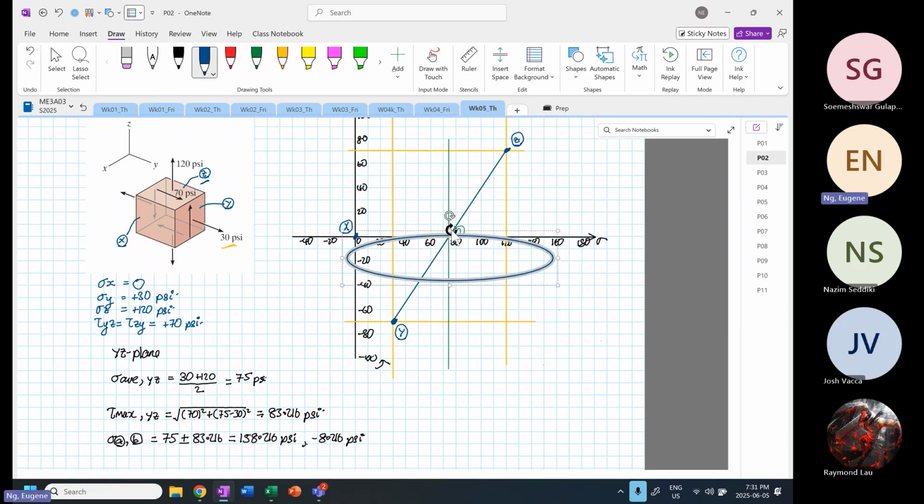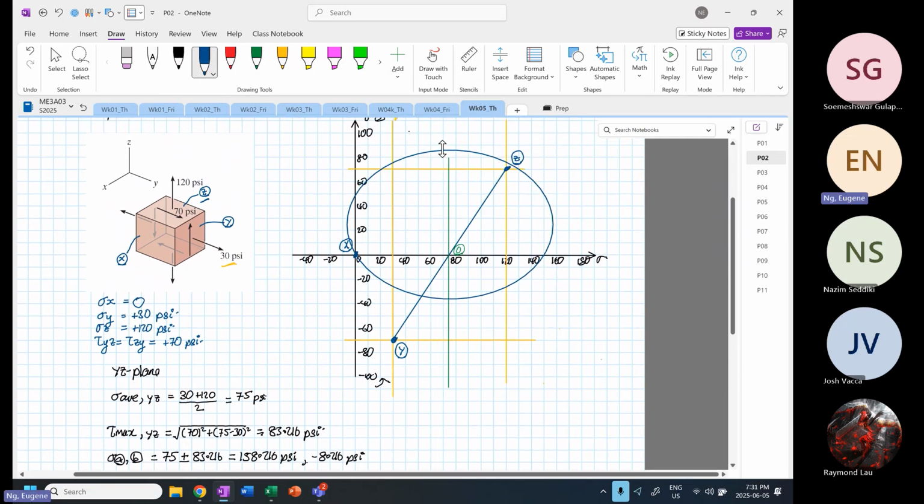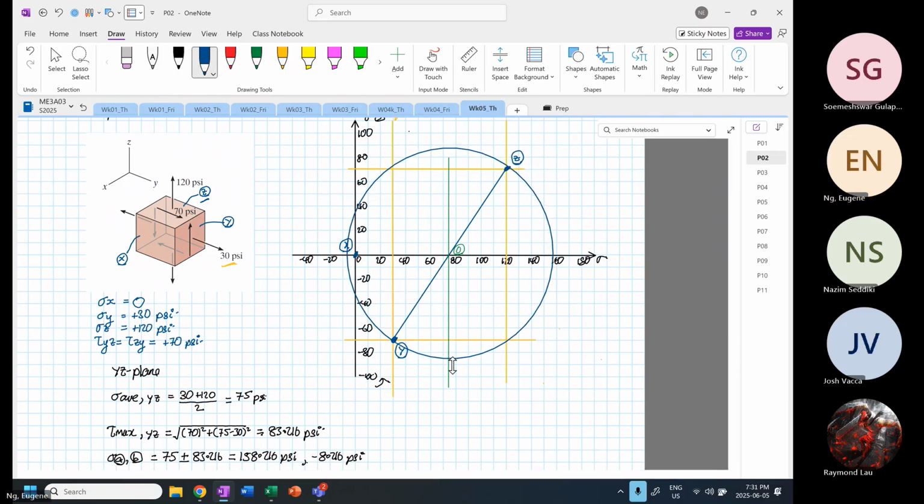Okay, then it's going to move up by 83.216. I'm eyeballing this, okay? And then it will come down by 83. Okay, so this is like 83. You know, not that 90, 83 should be somewhere around here.